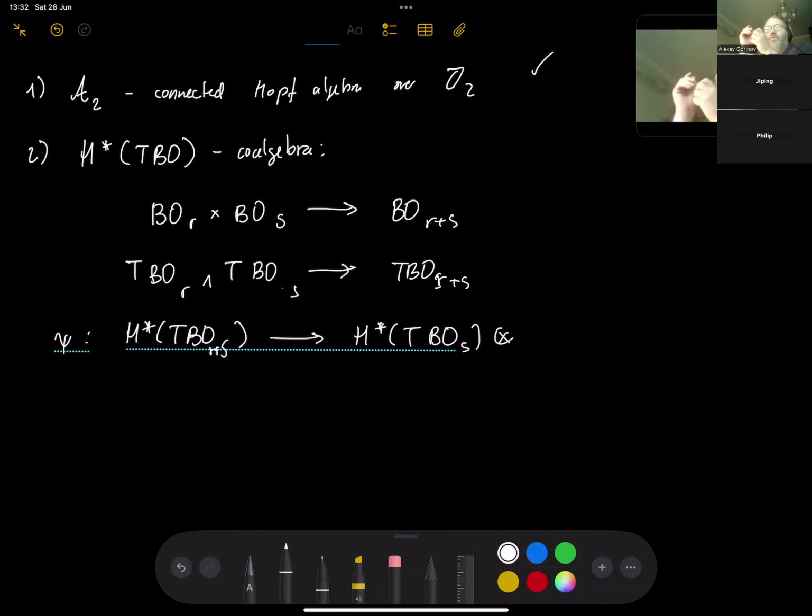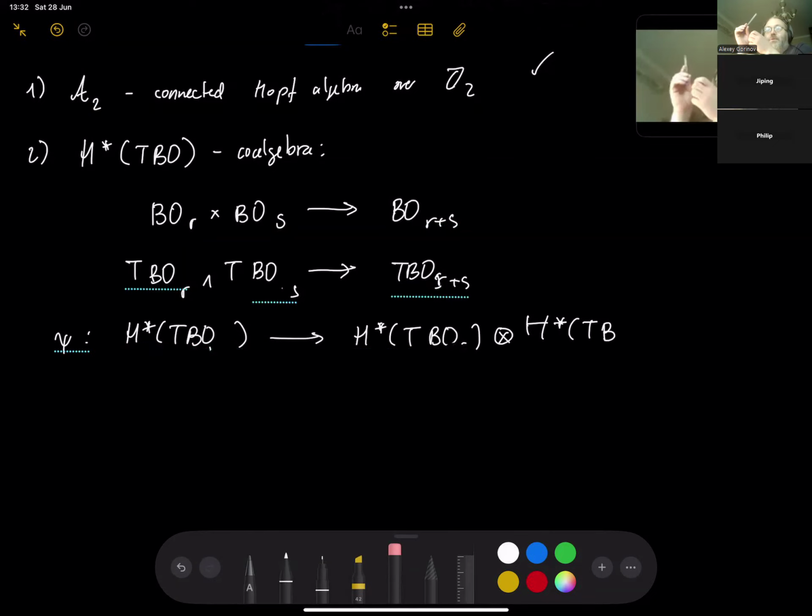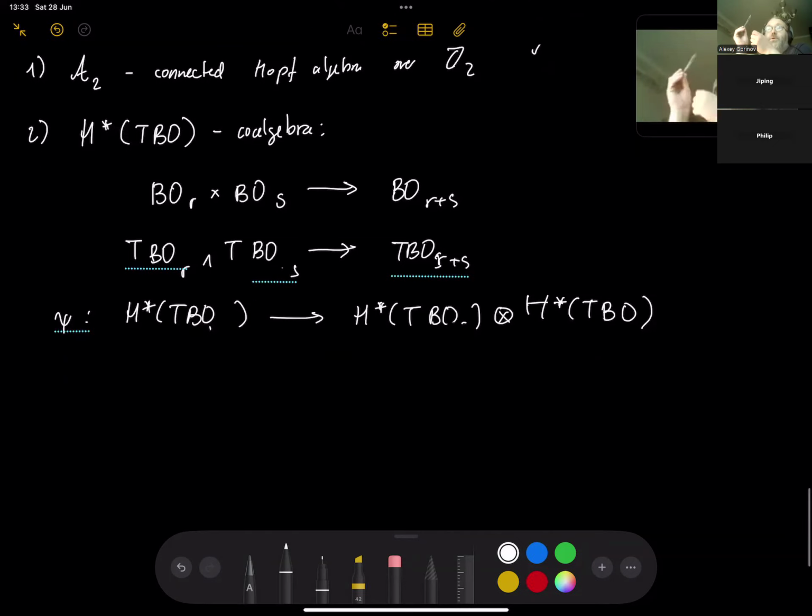So the coproduct is a map from the cohomology of TBO to the cohomology of the smash. Now the cohomology of the smash is a vector subspace of the tensor product of the cohomologies, because of what we saw in class.